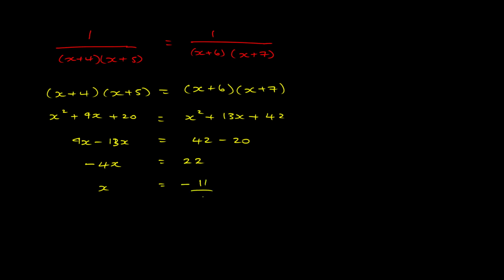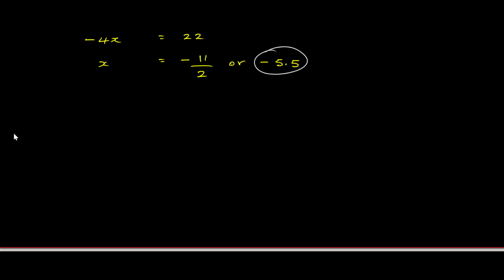We could actually leave this as a fraction, or we could actually say this is negative 5.5. Now we're going to use it as a decimal because we want to actually prove that this is correct. We want to prove that our calculation is correct. So initially we had x plus 5 over x plus 4, and this is taking away x plus 6 over x plus 5, and this should be equal to x plus 7 over x plus 6 minus x plus 8 over x plus 7.